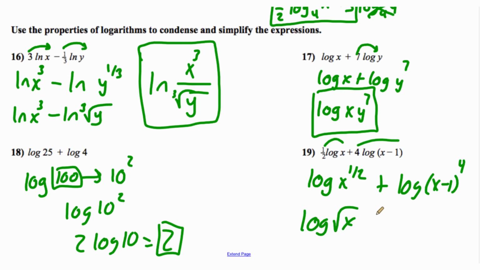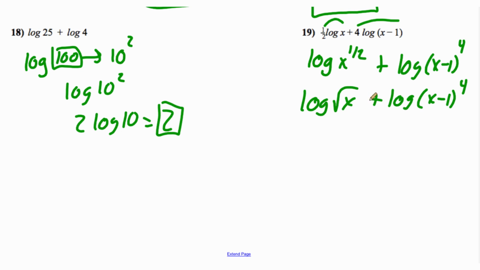And there's nothing we can do to rewrite that second one, so that's just going to stay as log of x minus 1 raised to the 4th power. And then last thing we need to do is take this addition and condense it down into multiplication. So we get log of the square root of x times x minus 1 raised to the 4th power.